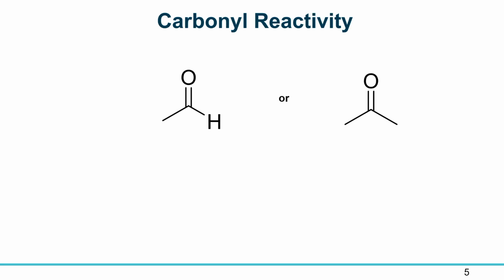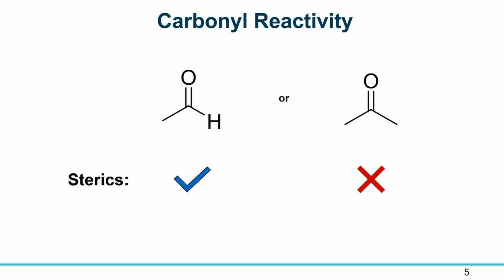So which is more reactive towards nucleophilic attack, an aldehyde or a ketone? To answer that, we must think in terms of both sterics and electronics. For sterics, ketones have two alkyl groups attached to the electrophilic carbonyl carbon, presenting additional steric bulk to get in the way of the nucleophilic attack, whereas aldehydes have only one alkyl group attached and are therefore more accessible for nucleophilic attack.